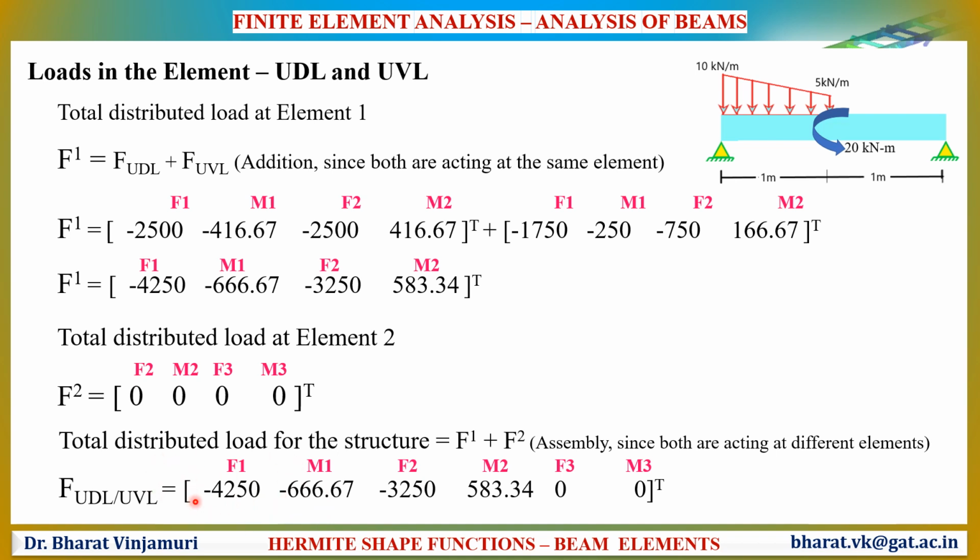These two represent node 1, later minus 3250 Newton and 583.34 Newton meter at node 2, and at node 3 it will be zeros. This will be the total distributed load of the entire structure.